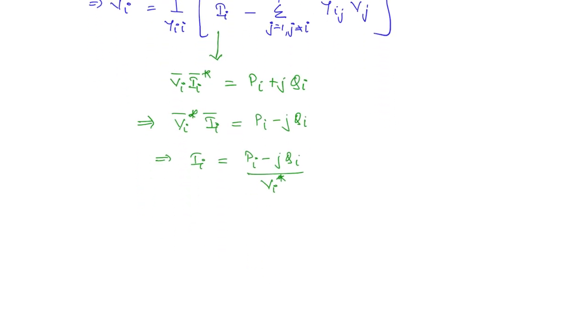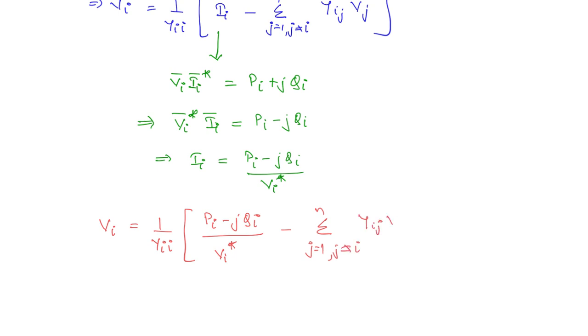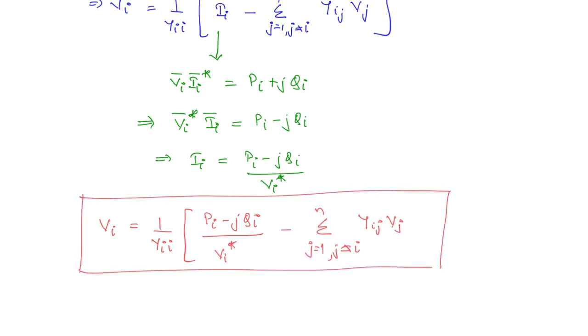So the final expression, you are going to get the voltage at the ith bus is equal to 1 by Y_ii times (P_i minus jQ_i divided by V_i conjugate minus sigma j equal to 1 to n, j not equal to i, Y_ij V_j). Now this is the general expression that we use for iterations.